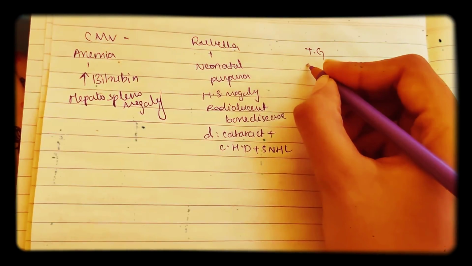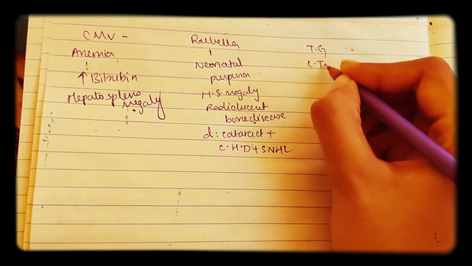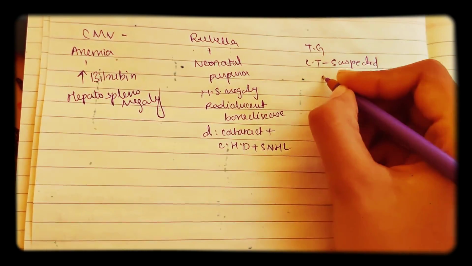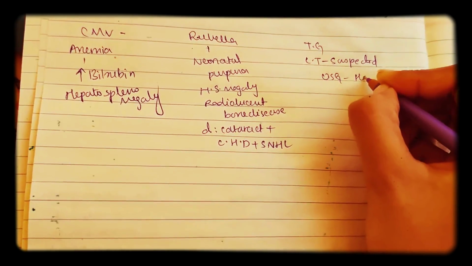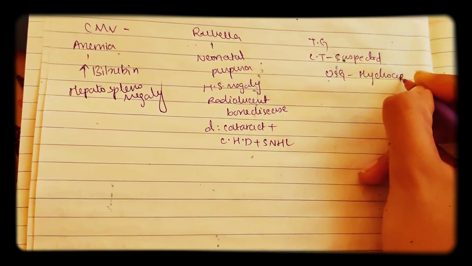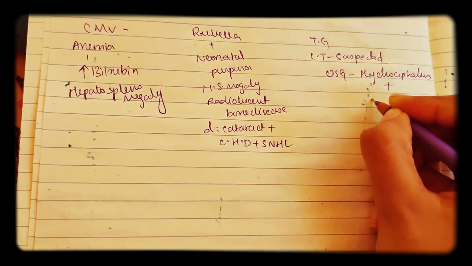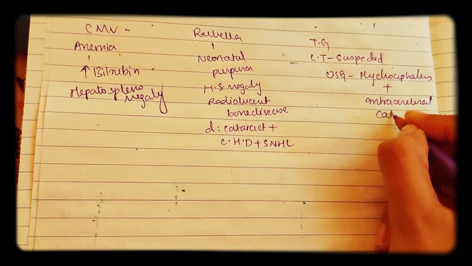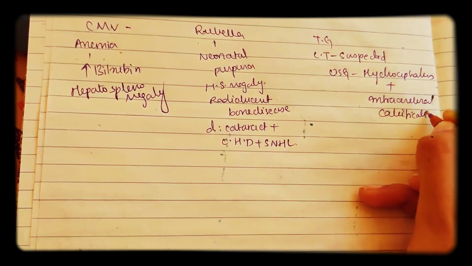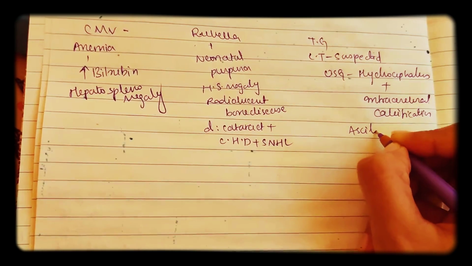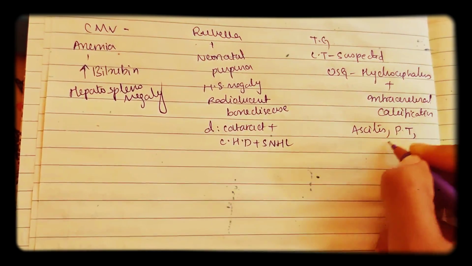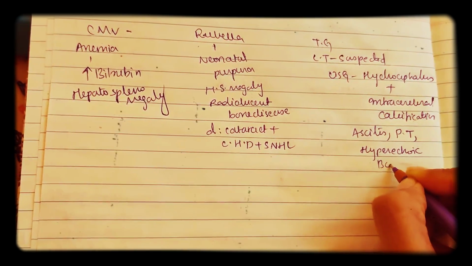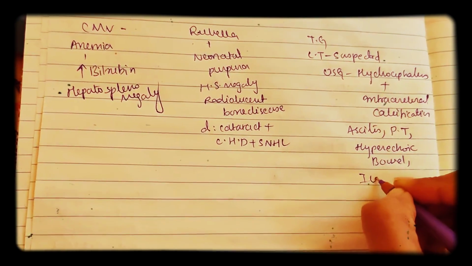Now coming to Toxoplasma gondii, congenital toxoplasmosis is suspected when USG ultrasound reveals hydrocephalus plus intracerebral calcification, and you will see ascites, placental thickening, hyperechoic bowel, and IUGR or intrauterine growth restriction.